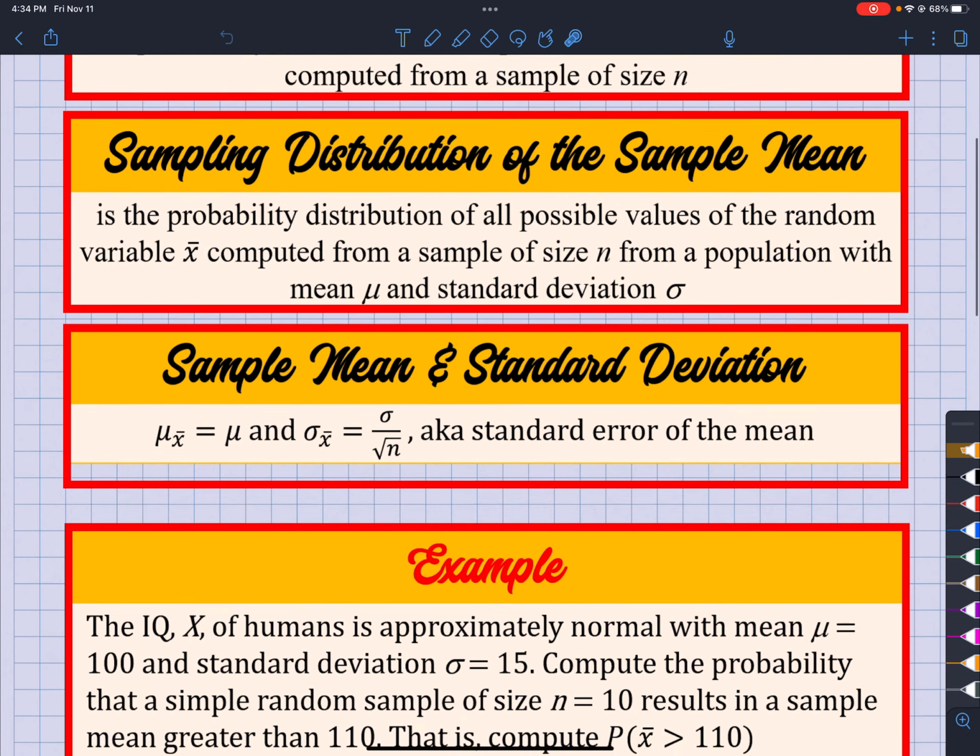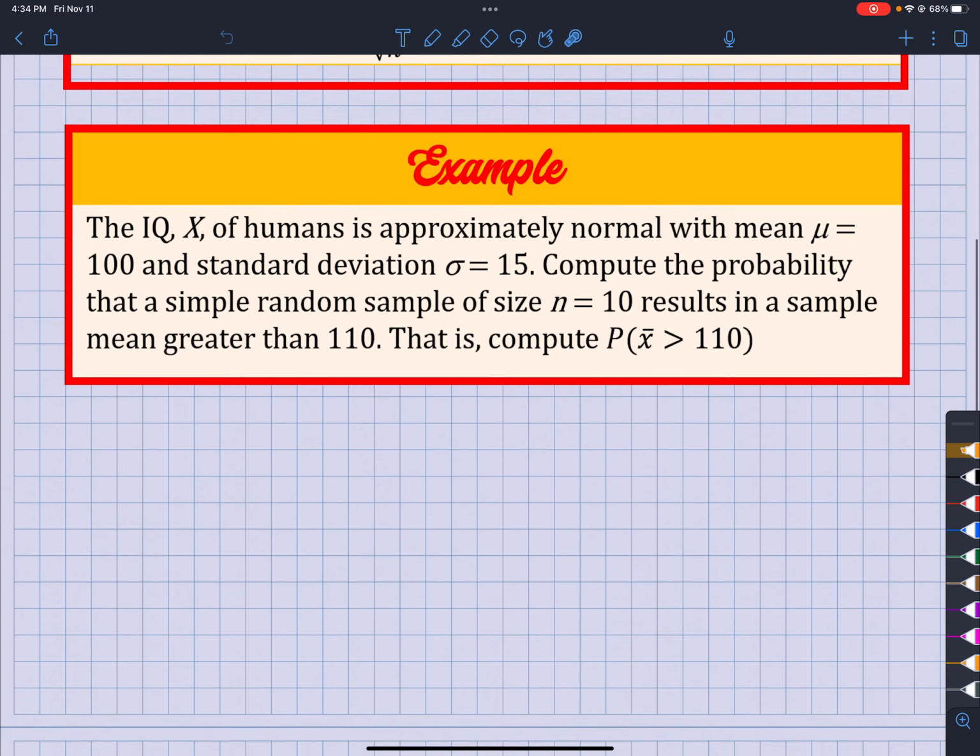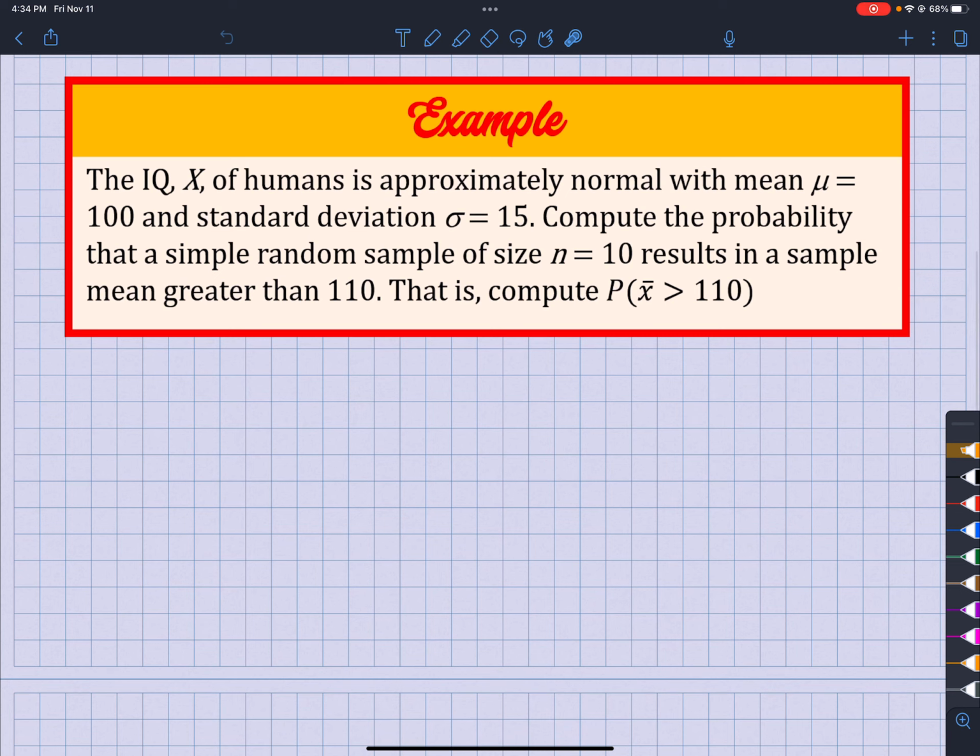So let's take a look at how we would work on a problem. It says that the IQ, X, of humans is approximately normal, with a mean of 100 and a standard deviation of 15.